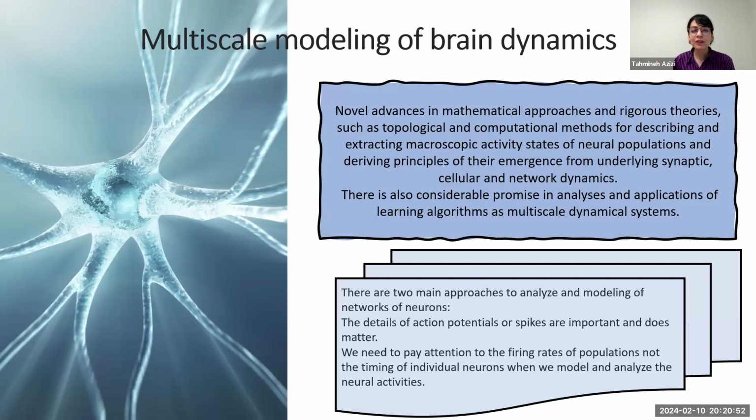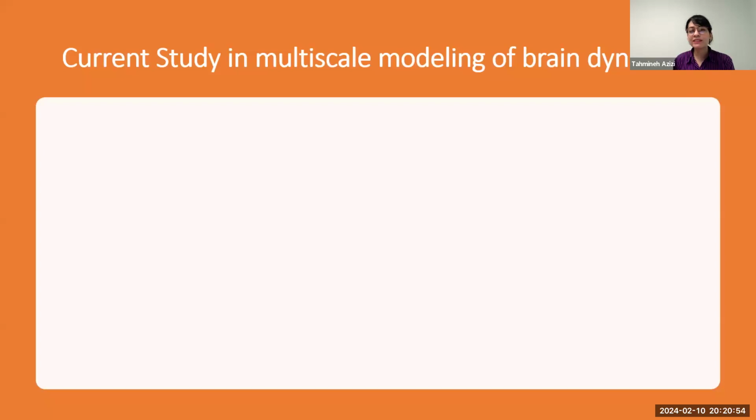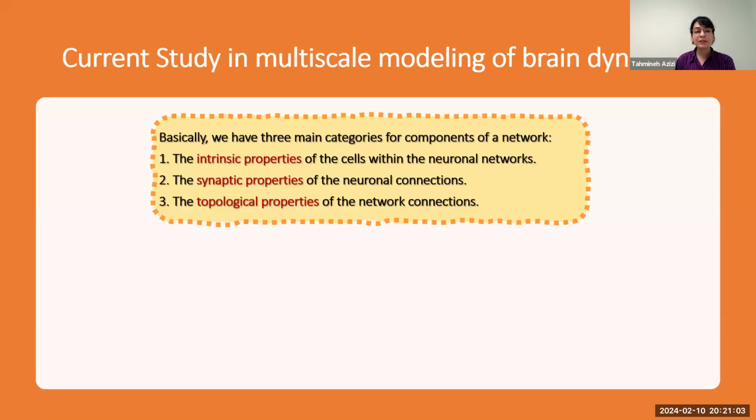One of the current studies that is very interesting in multi-scale modeling of brain dynamics has three main categories. The first is to consider intrinsic properties of the cells within the neural networks.